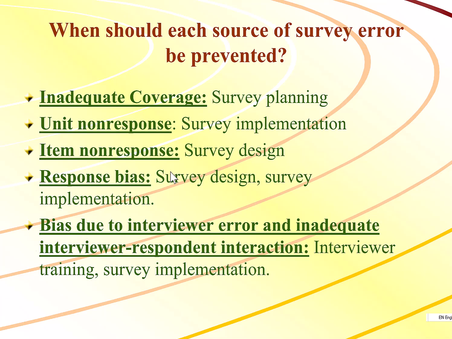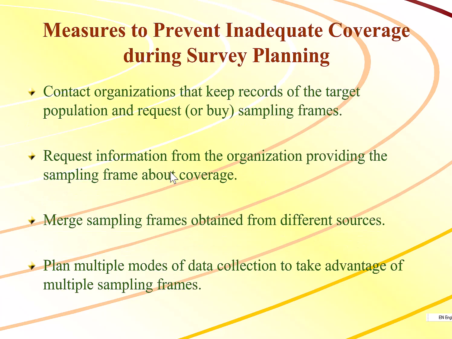Also in the implementation, particularly if it's interviewer-administered surveys, because things like social desirability bias are more prevalent in interviewer-administered surveys. And bias due to interviewer error and inadequate interview interaction, you would prevent that in survey training. So I will go into more detail about some of these measures.